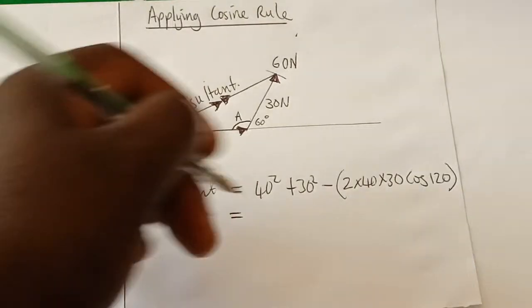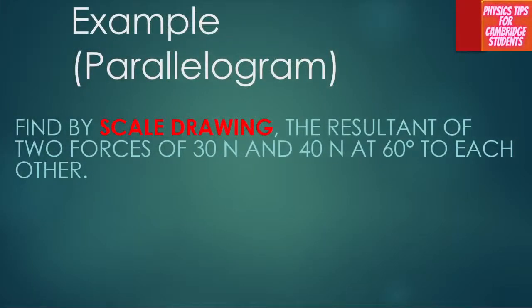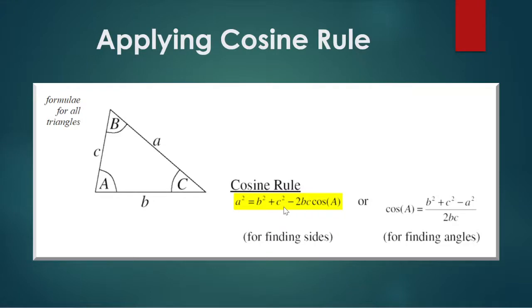So remember with the cosine rule, let's have something on the cosine rule. The triangle looks like this. a, b, and c are the sides, small letters at the sides, and the big letters are the angles.